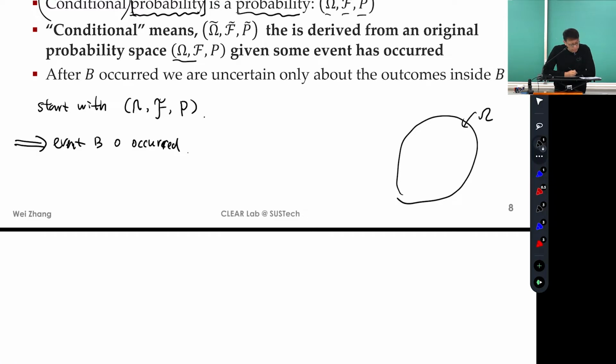Okay, event B occurred. So the probability space will change, right? New space, new probability. If I want to write very rigorously, I should use different notations here. Okay, omega tilde. What do you think omega tilde is now?